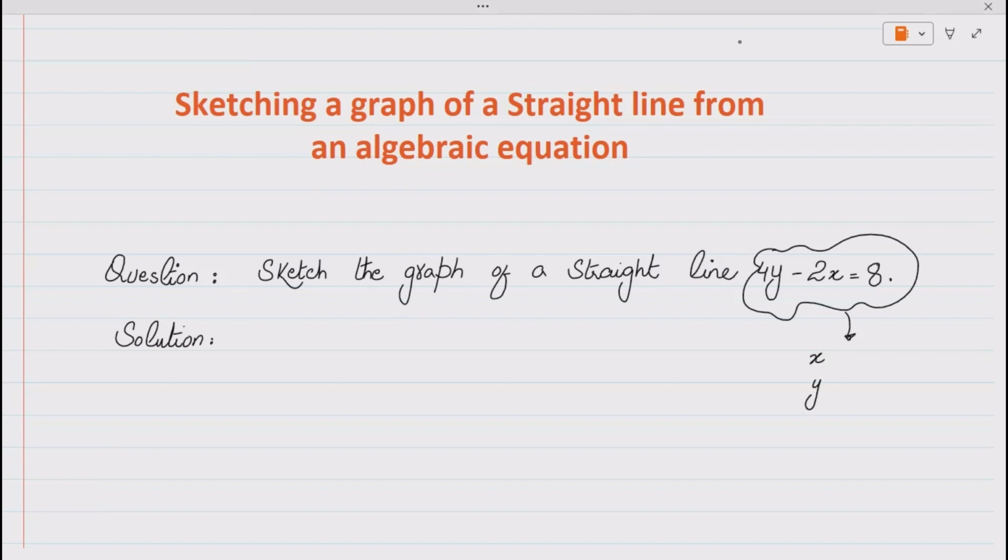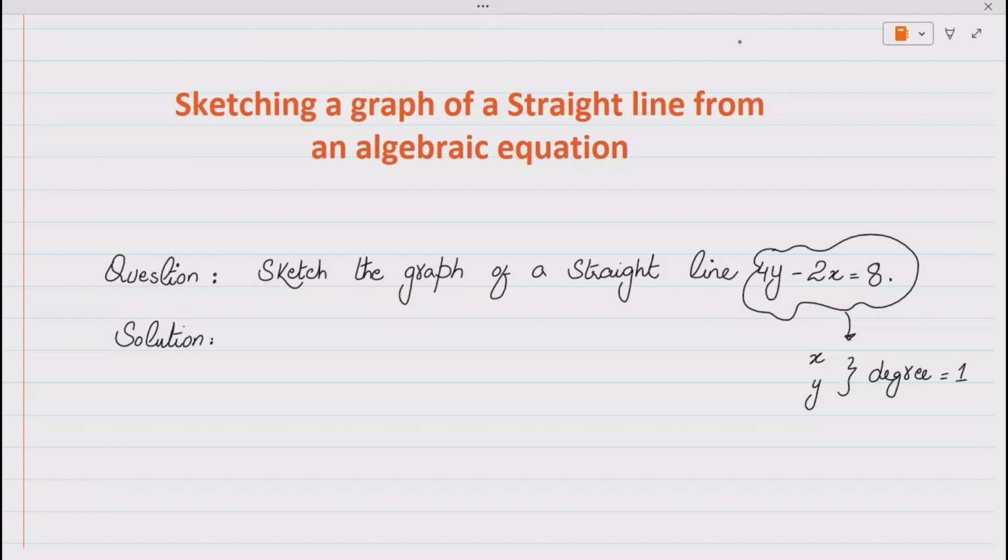Both x and y have power 1, i.e. their degree is 1, i.e. the power of y is 1, the power of x is 1. Since both the variables have degree 1, we call this equation a straight line.